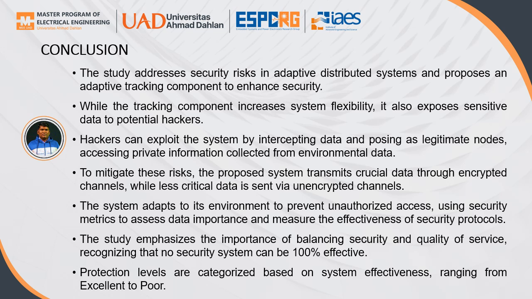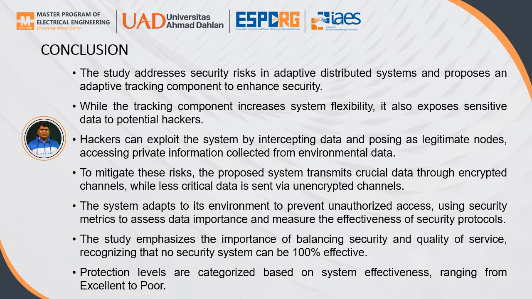To mitigate these risks, the proposed system transmits crucial data through encrypted channels, while less critical data is sent via unencrypted channels. The system adapts to its environment to prevent unauthorized access, using security metrics to assess data importance and measure the effectiveness of security protocols.